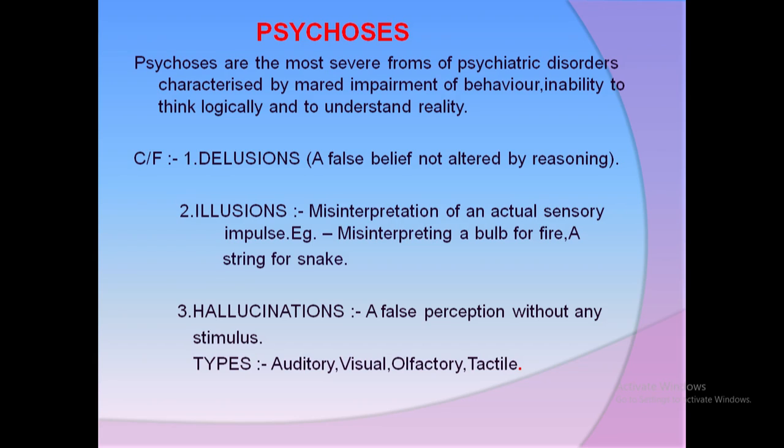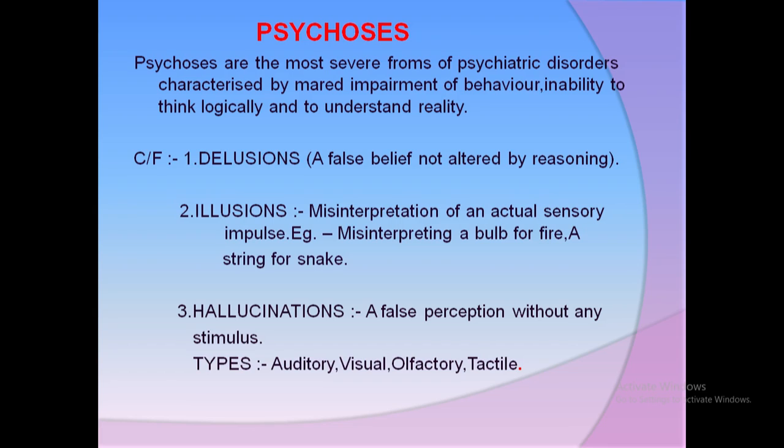Now coming to the second part of psychiatric disorders, psychosis. Psychosis are the most severe forms of psychiatric disorders characterized by marked impairment of behavior, inability to think logically, and to understand reality.